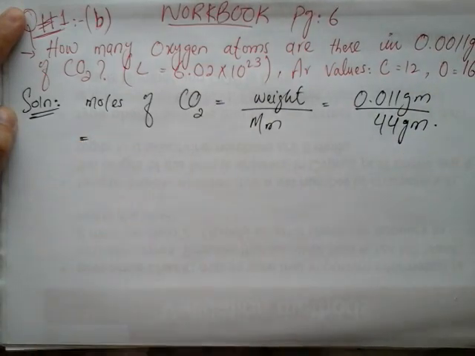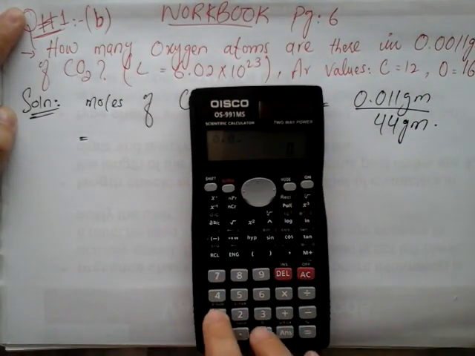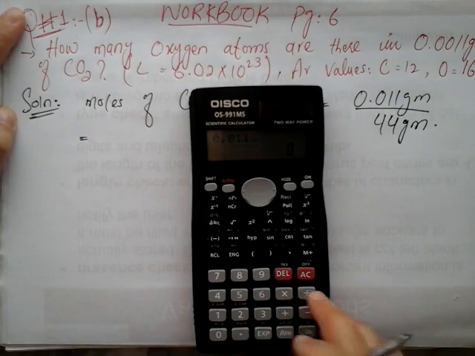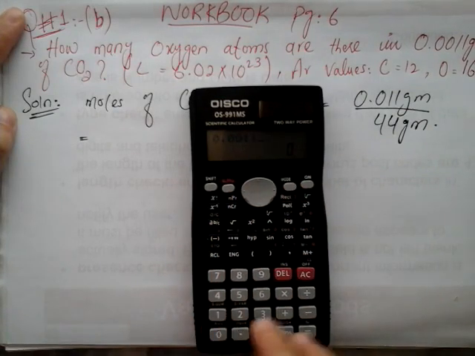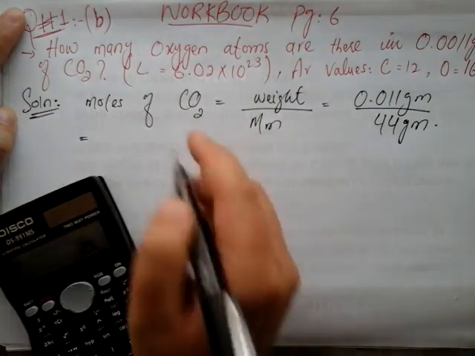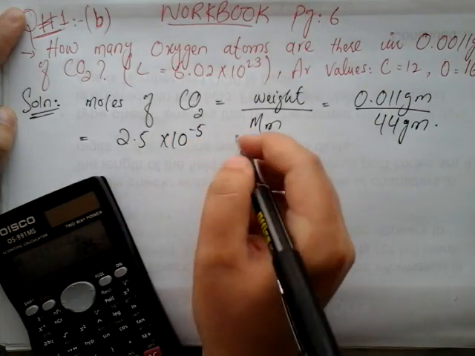After dividing this value by 44, it comes out to be 2.5 into 10 raised to power minus 5.